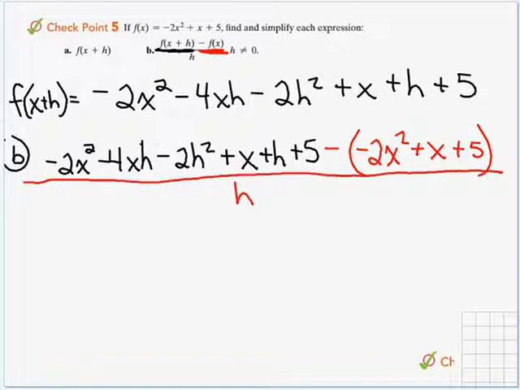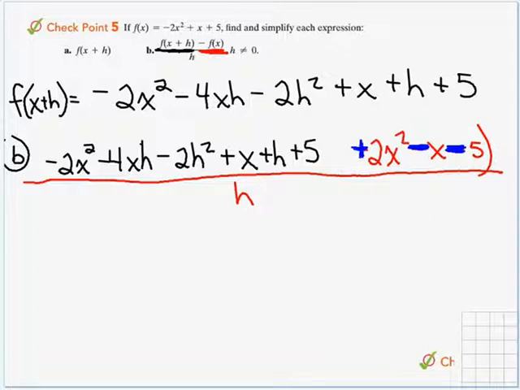So instead of copying this all down again, let me just do this. I'm going to distribute the negative here. That will become a positive. I'll distribute the negative. Now this is a minus. And also distribute the negative to the positive 5. Now this is also a minus. And we can disregard the parentheses, and this minus has been distributed.